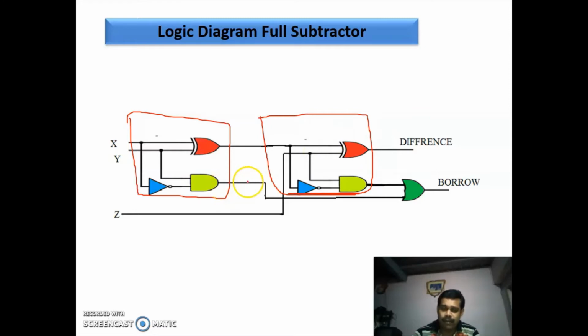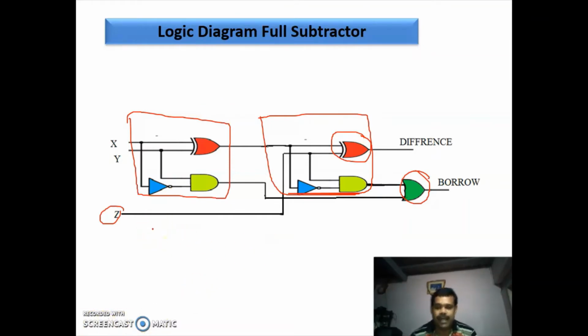Similarly, the outputs of the AND gates of the first and second half subtractors are given to an OR gate, and we have connected one additional input Z to the other input of the XOR gate of the second half subtractor. So we have got the logic diagram of the full subtractor.